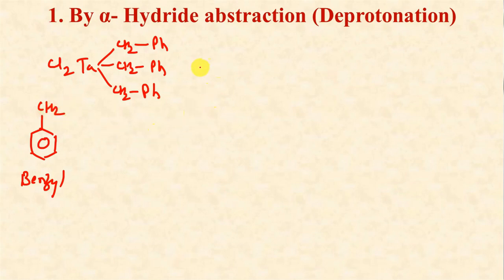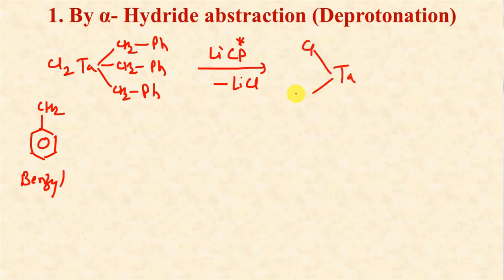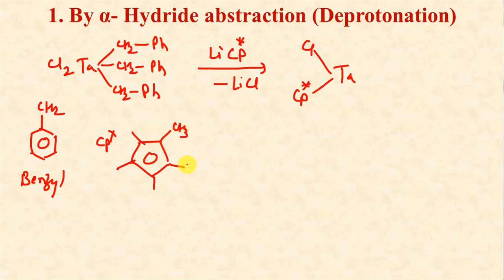So in this case we will react it with LiCp star, and here LiCl is removed. So out of these 2 Cl, 1 Cl is removed. What will we get? We will get TaCl Cp star. Now what is Cp star? Cp star is basically cyclopentadienyl, in which all the hydrogen atoms of C5H5 are now replaced with methyl substituents.